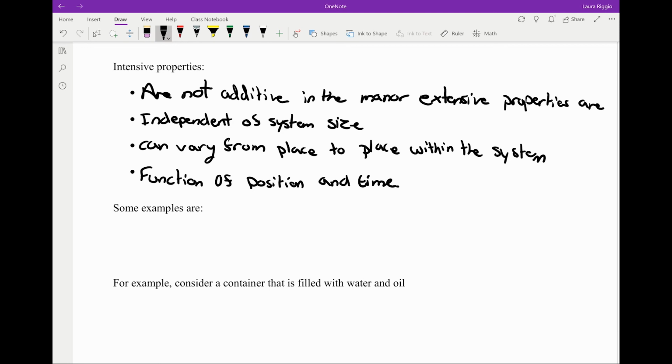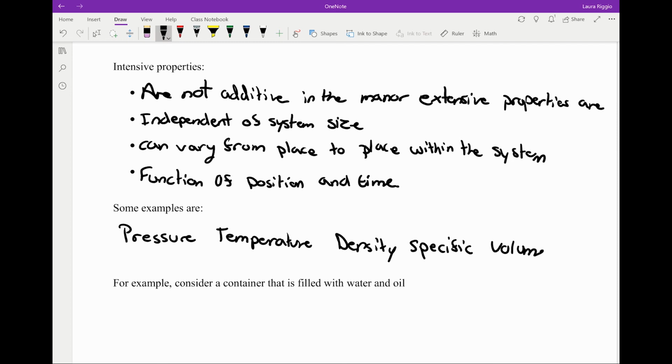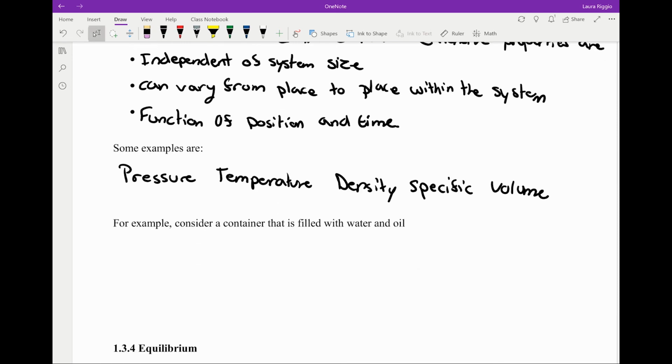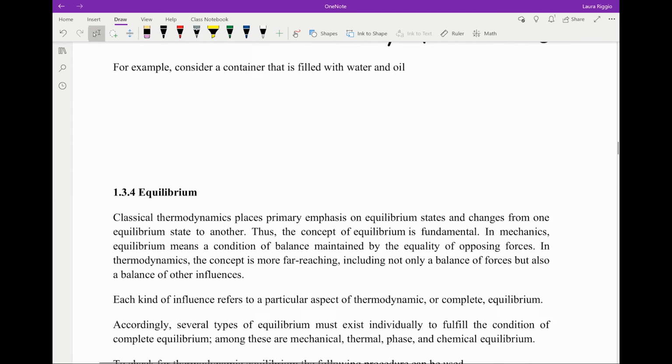Some examples include pressure, temperature, density, and specific volume. All right.